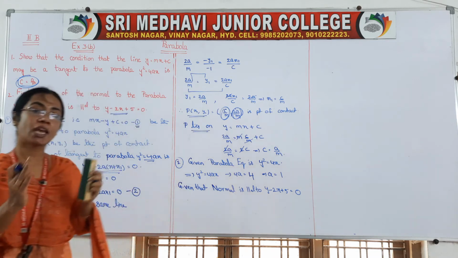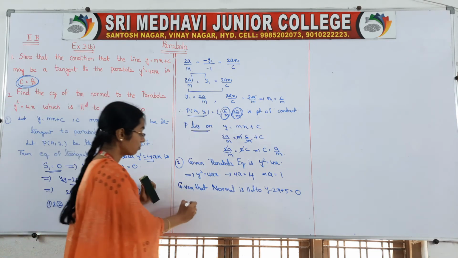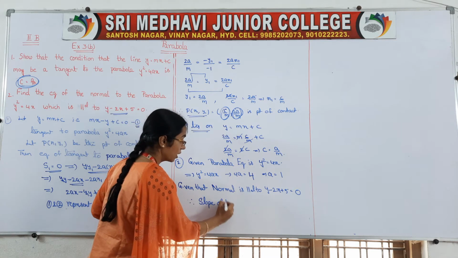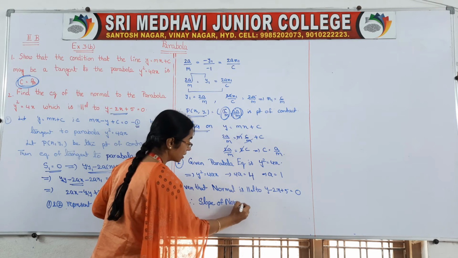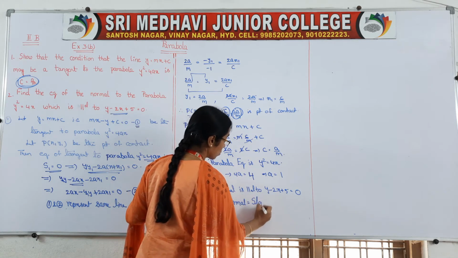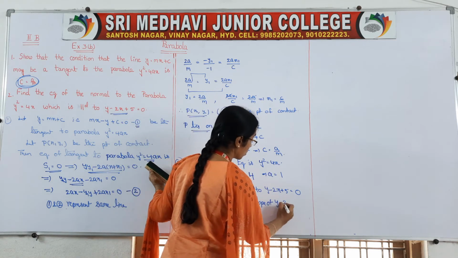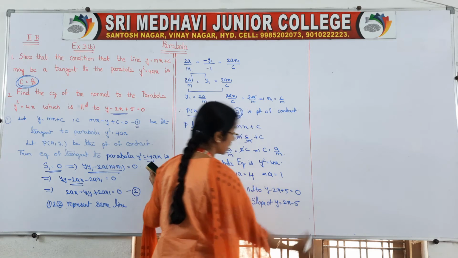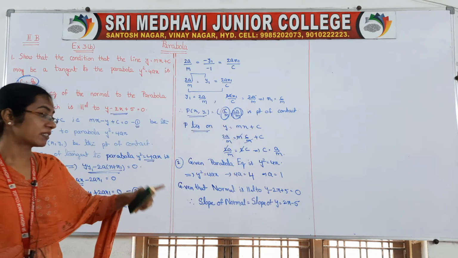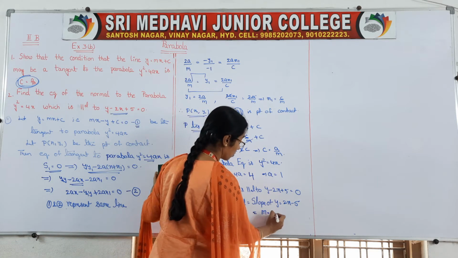If any two lines are parallel, their slopes are equal. So the slope of the normal is equal to the slope of this line. The line y is equal to 2x minus 5 is of the form y is equal to mx plus c, where m means slope, so m is equal to 2.